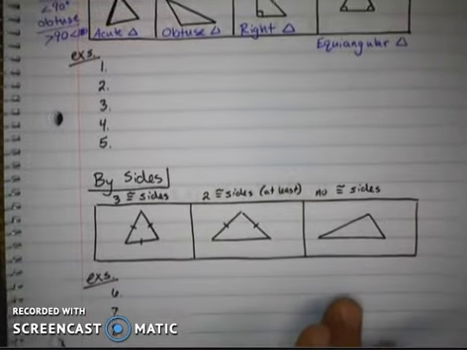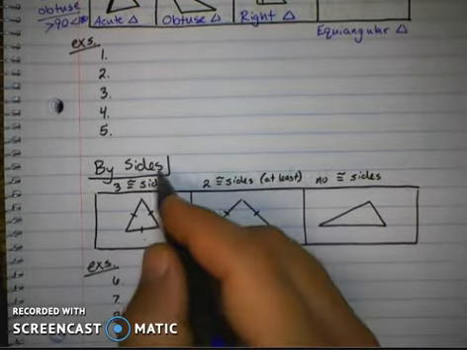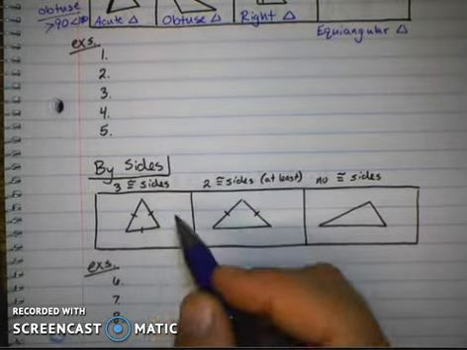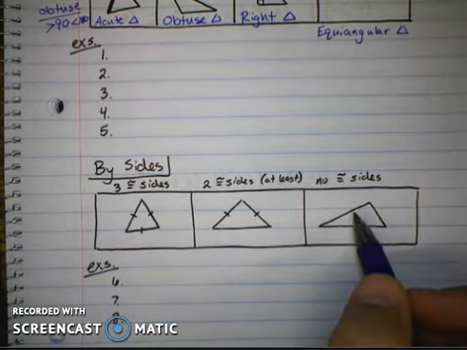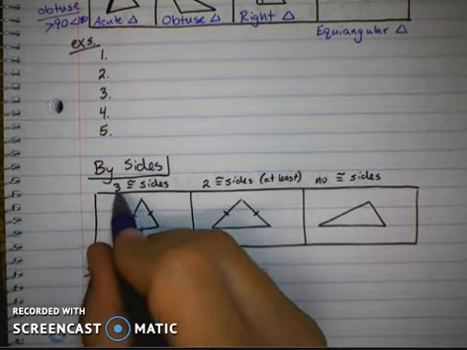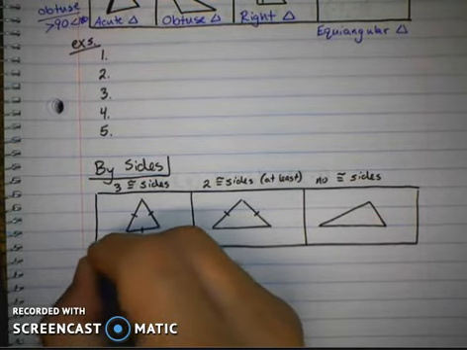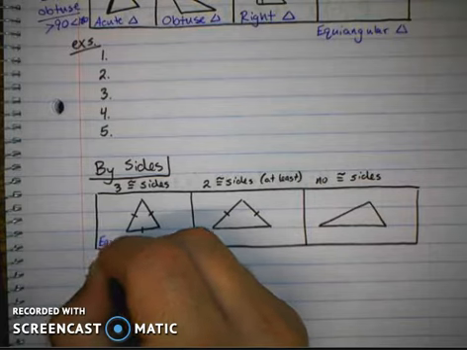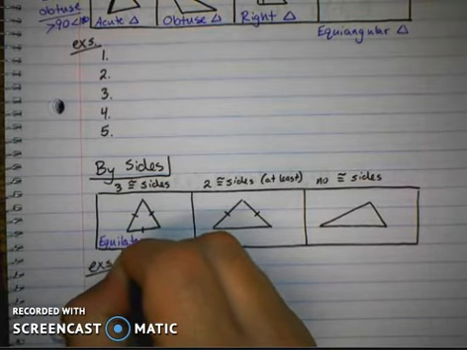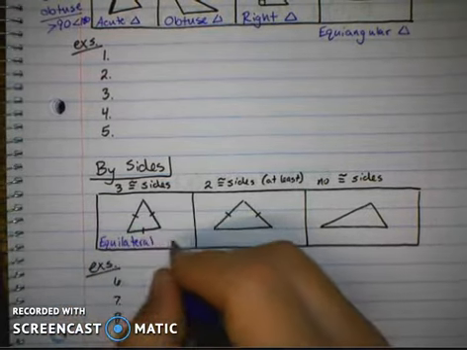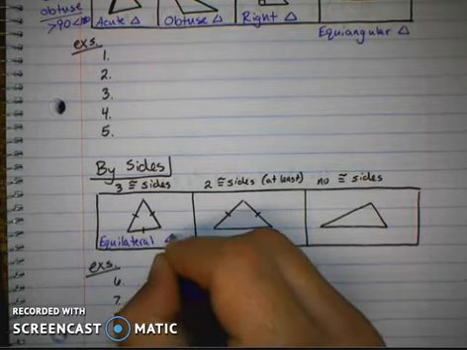So we can also classify triangles by their side lengths, or by their sides. There are 3 classifications by side. If a triangle has 3 congruent sides, we call that equilateral. A triangle with 3 congruent sides is an equilateral triangle.